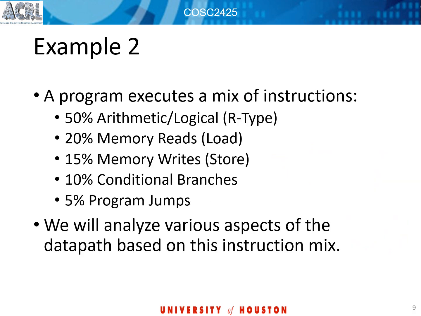So this is an example of a distribution of types of instructions, and this is what we've seen during quiz 2, where you have a program with a mix of R-type 50%, load 20%, store 15%, conditional branches 10%, and finally unconditional branches or jumps 5%.